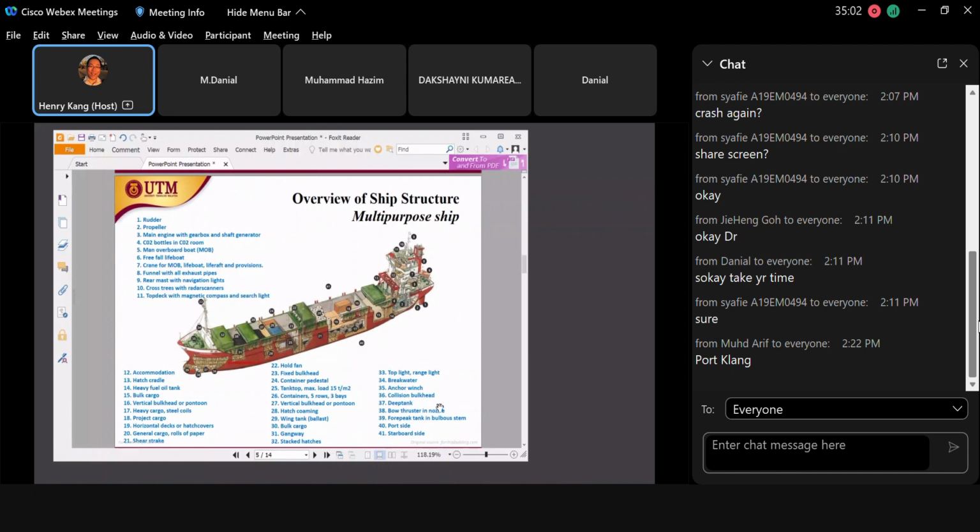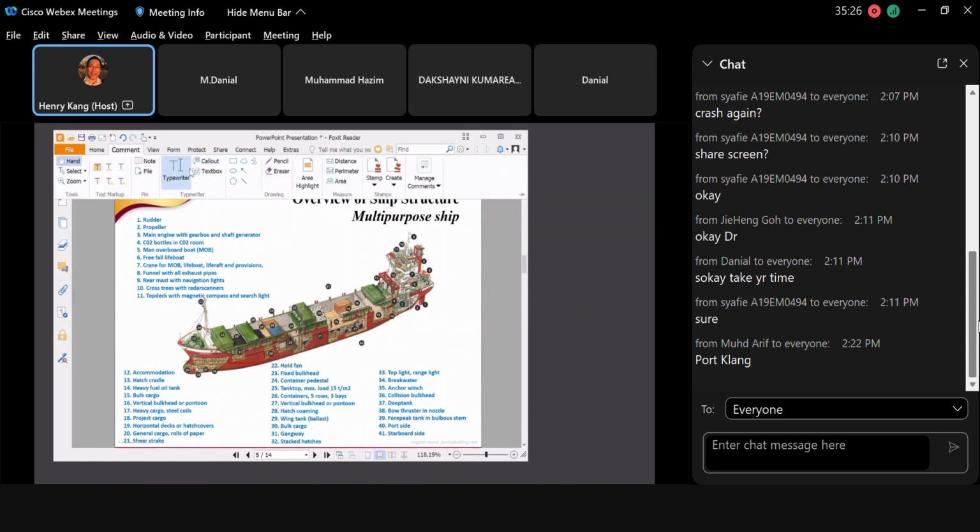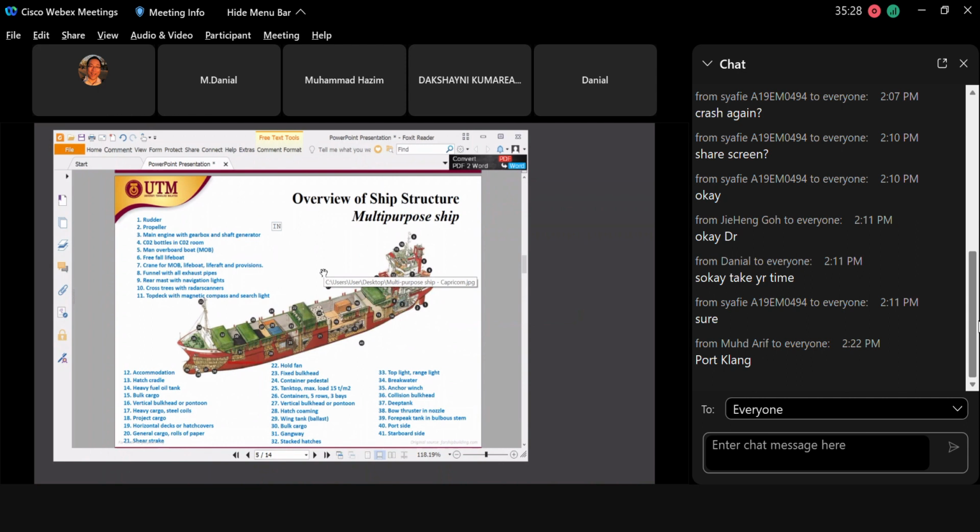This is another type of ship, but as you can see, this is not a container ship. This one we name multi-purpose. It may not be very familiar in Malaysia, but certain countries have heavy inland waterway transport.